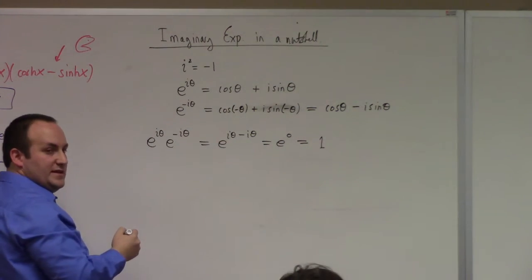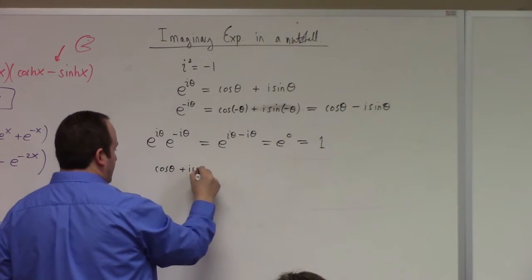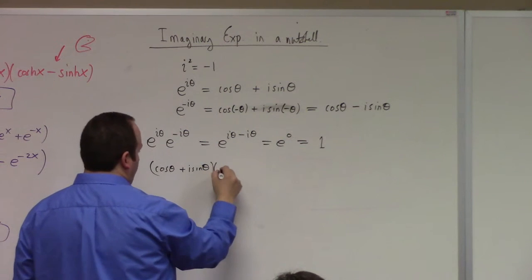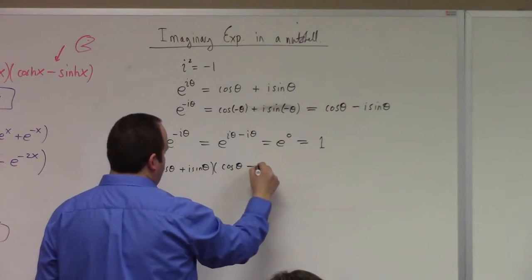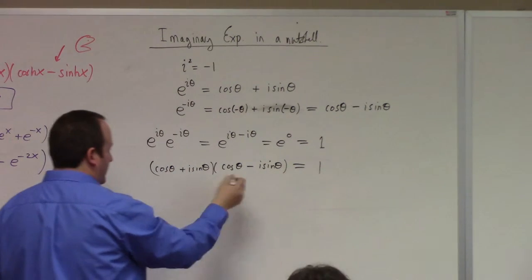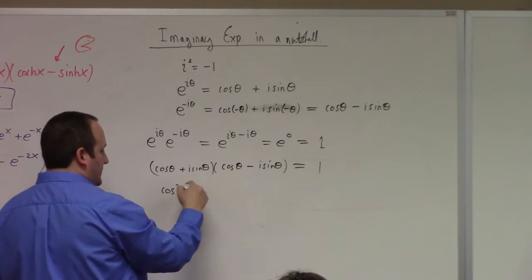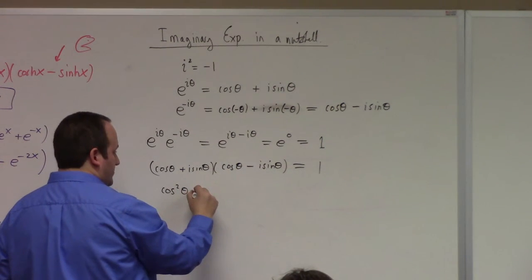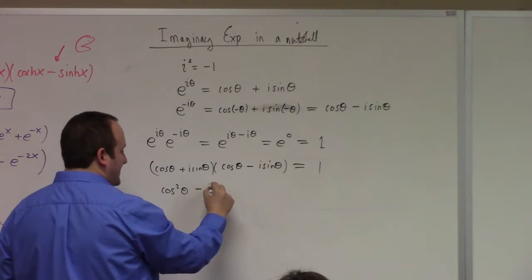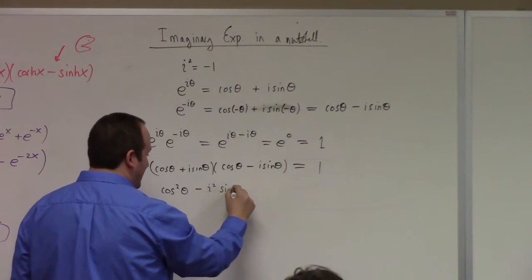But what does this mean now? This is (cos θ + i sin θ) times (cos θ − i sin θ) equal to 1, which gives us what? cos² θ minus i² sin² θ equal to 1.